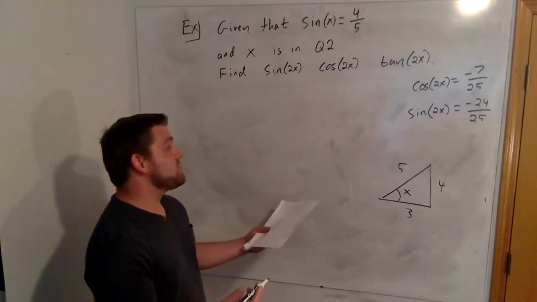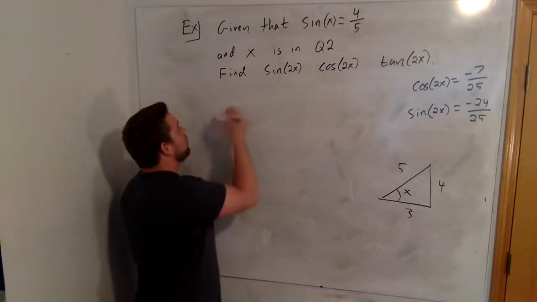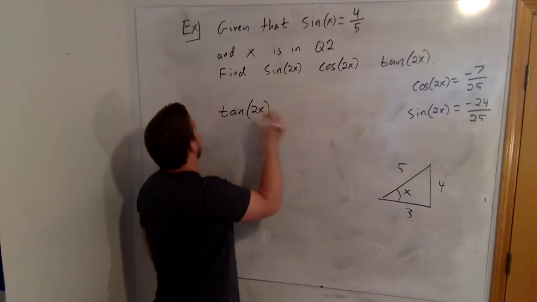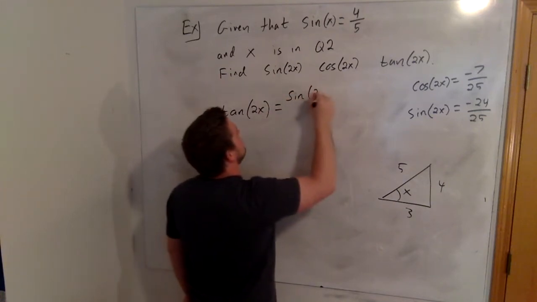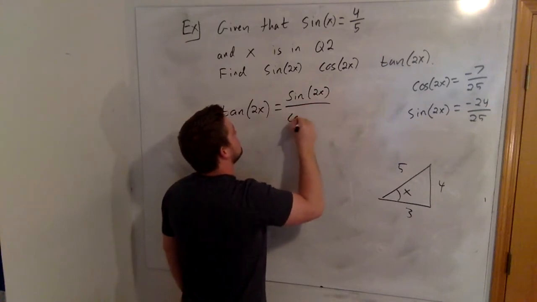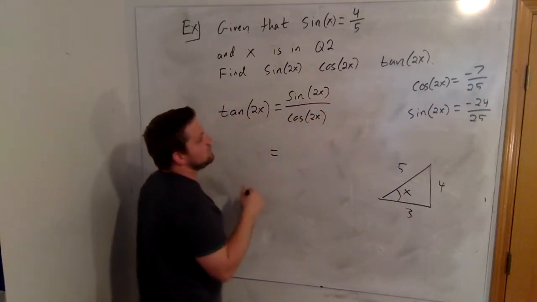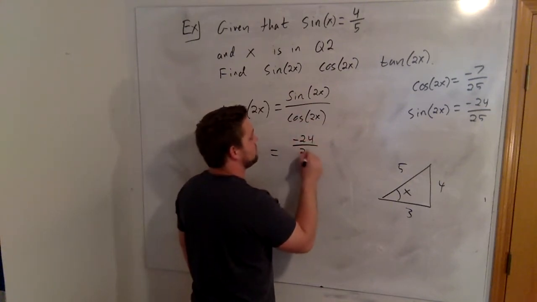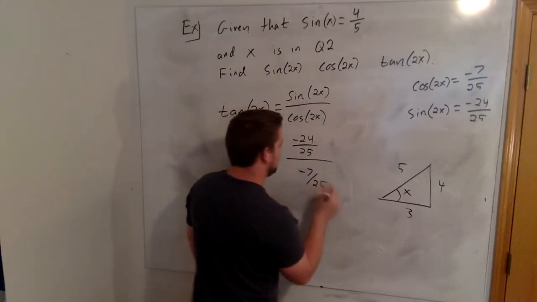However, why use that formula when I know what sine and cosine of 2x are? So one option, if you want to figure out what tangent of 2x is, and you already know what sine and cosine of 2x are, you could just do this. Putting that together, sine of 2x is negative 24 over 25, all over cosine of 2x, which is negative 7/25.